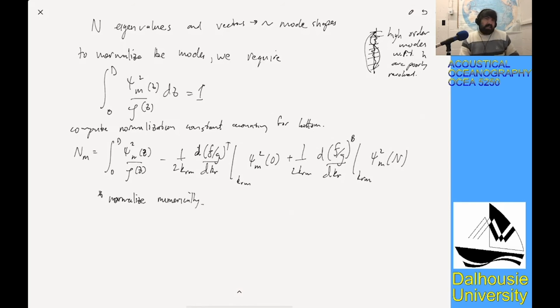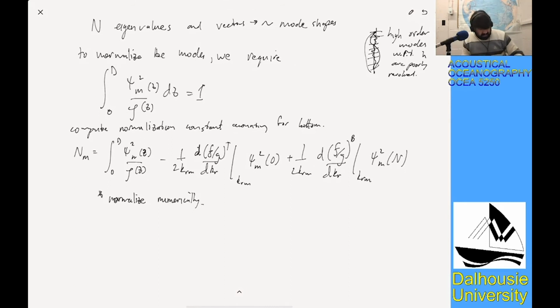Now, that gives us the mode shape in an all water with a hard bottom waveguide. What about if we want to add an interface, like a sediment interface? What do we do then? Well, we can approximate the interface condition. What's the physical boundary condition?